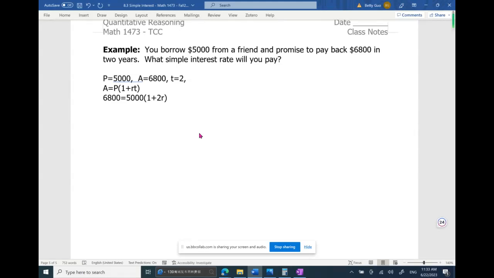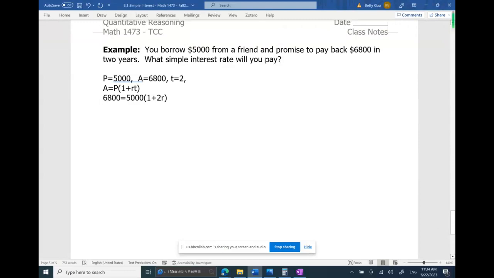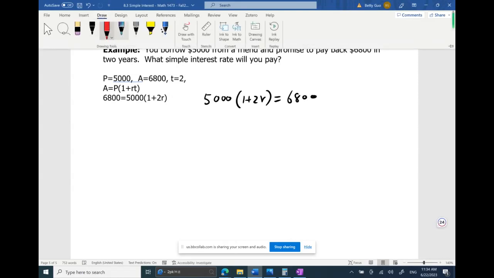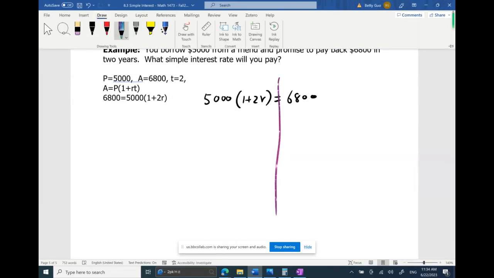Firstly, I'm going to write this to solve it, it's going to be easier. I'm going to switch the order of the 2 sides of the equation: 5,000 times (1 plus 2R) equals 6,800. When you solve an equation, draw an imaginary line in the middle. Whatever is to the left is the left side, whatever is to the right is the right side.